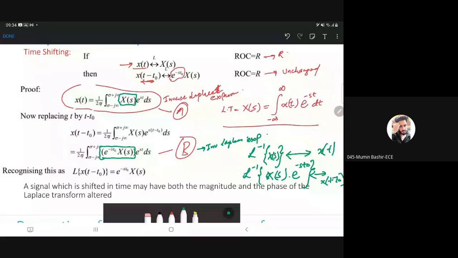So it is because they are dual pairs, the Laplace transform and inverse Laplace transform are dual to each other.